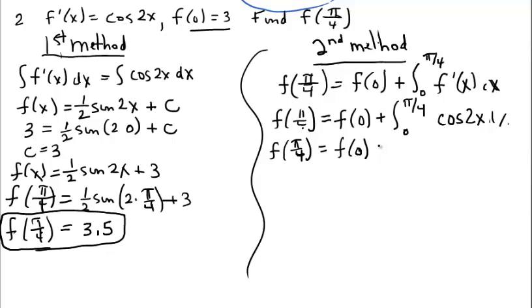I'm so sorry, I don't have an answer for why this pen is doing this. All right, the antiderivative, we already found it. It's 1/2 sine 2x. Remember, we don't need a plus c because we have a definite integral. So in this method, we would use the FTC.